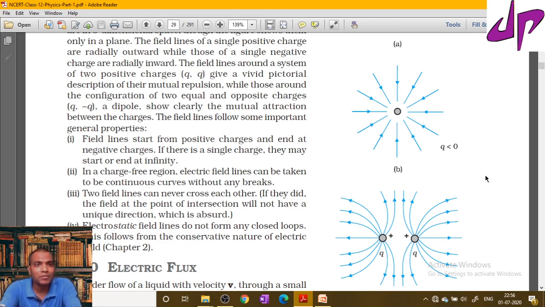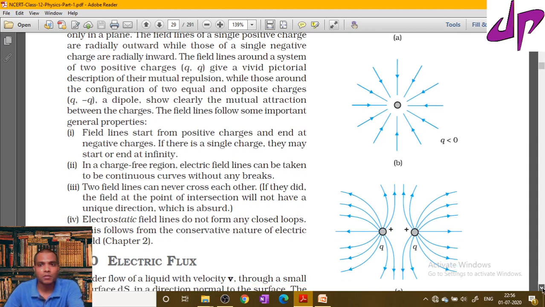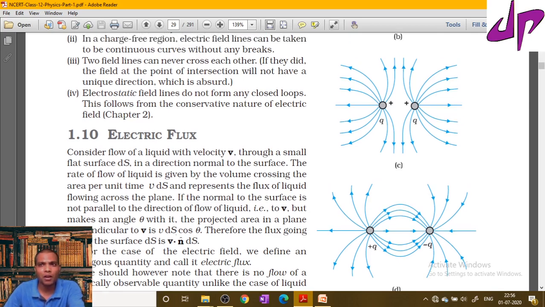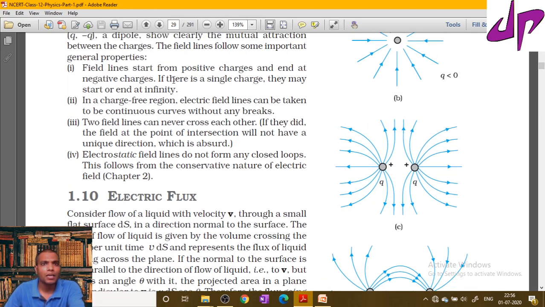Now let us see some general properties of these electric field lines. The first one: the field lines start from positive charges and end at negative charges. In the 4th diagram, we can understand the electric field lines are starting from the positive charge and ending at the negative charge. This happens if you have more than one oppositely charged particle. If there is a single charge, they may start or end at infinity.